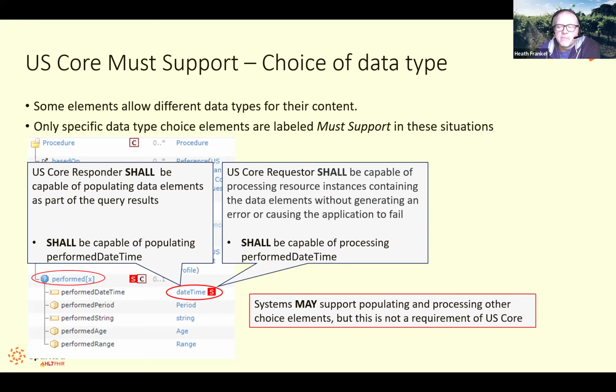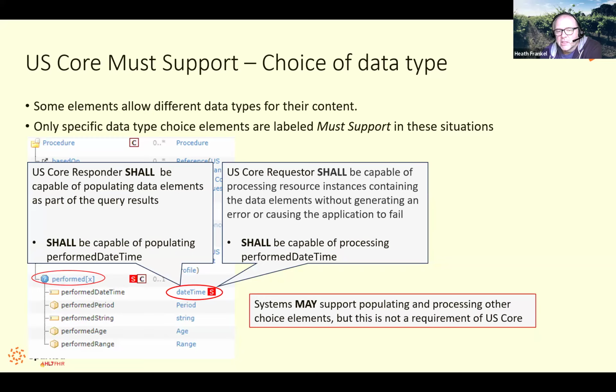We determined that that was potentially problematic because a requester may not actually have the ability to support one of the other types, even though the responders are allowed to or may send something. So there's a bit of a gap in our interoperability there at this point in time.